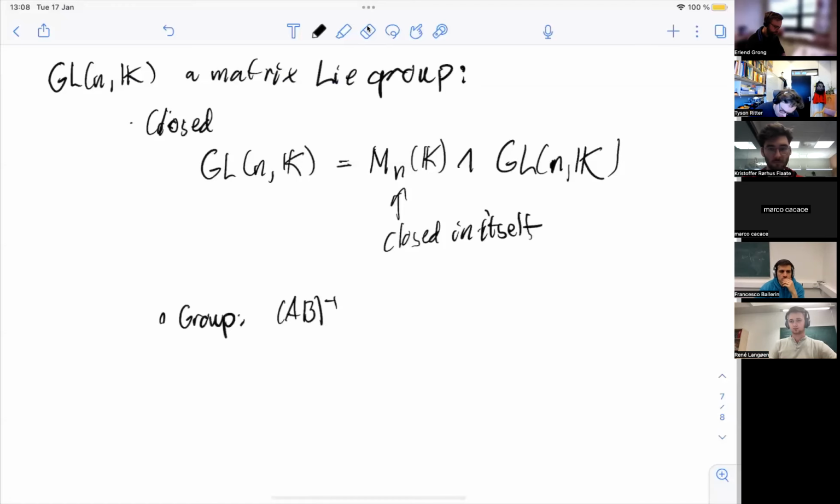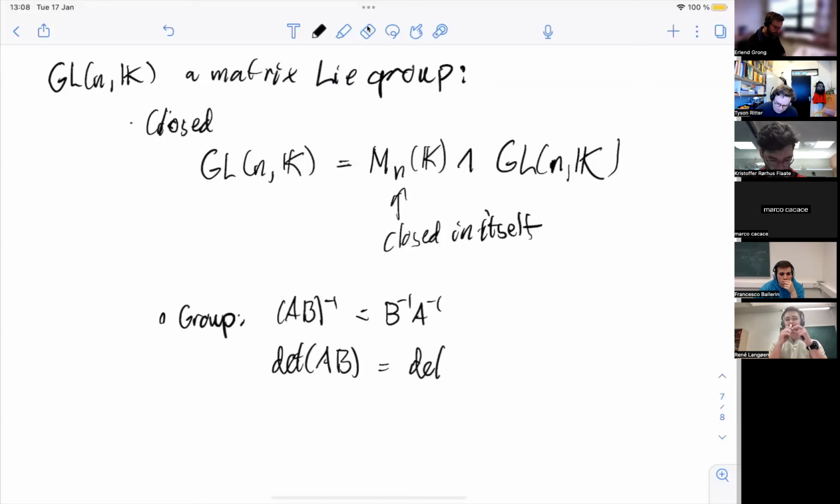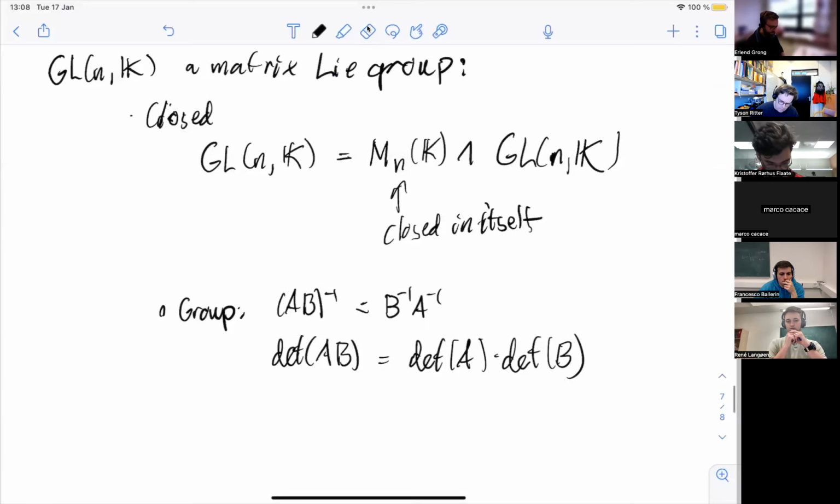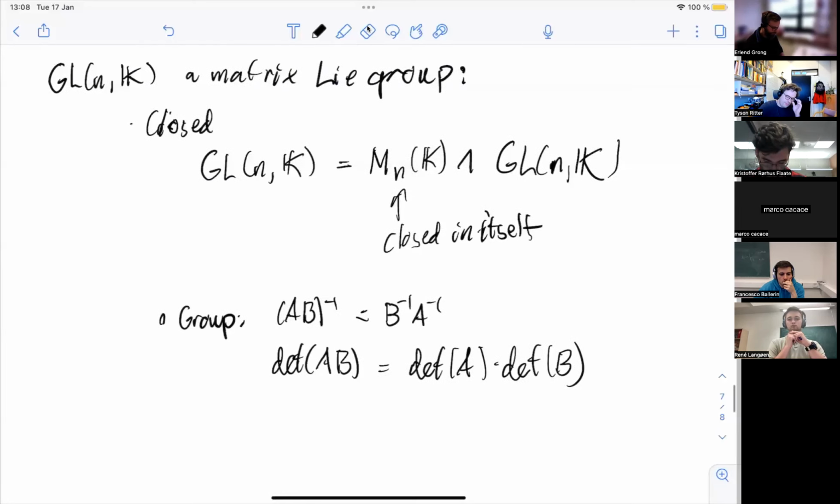You can either use the rule for the inverse of the product, or you can use the property that the determinant of A times B is equal to the determinant of A times the determinant of B. So if you have two things with determinant different from 0, multiplied together, they still have determinant different from 0. So related to that, from the general linear group, you can also go to the special linear group.